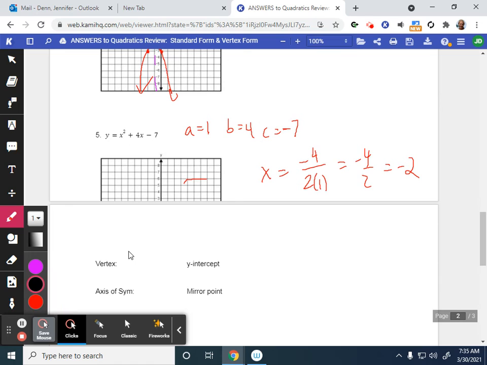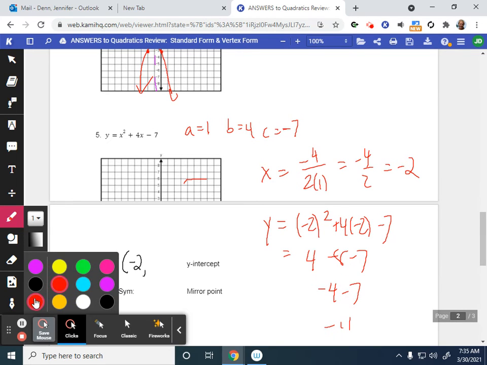So the vertex's x value is -2. To find the y, we're going to plug -2 into the original. So we're going to have -2 squared plus 4 times -2 minus 7. -2 squared is 4. So 4 minus 8 minus 7. So -4 minus 7, which is -11.